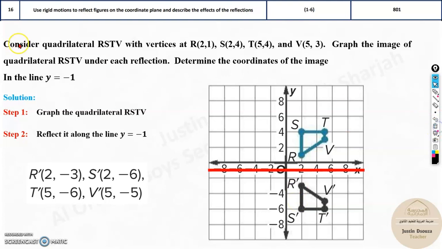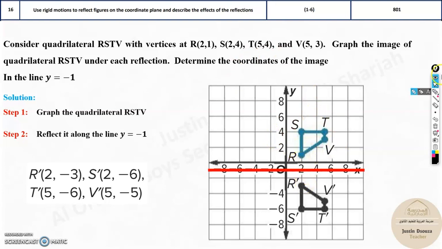Since this is part 2, which is your multiple choice question, you can directly find it out easily. How? Look at these coordinates and see what the plots of R, S, T, and V are. First, you need to see which is the correct plot of R, S, V, T. Just check them. This is 2, 1. Yes, this is accurate.